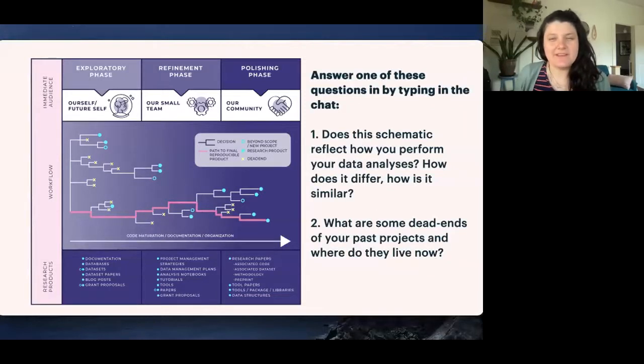Most of my dead ends are probably in hidden folders that are old. Oh yeah, I have a folder whenever I write anything that is just graveyard. And Fernanda says, yes, some of my work is more retrospective, so looking at a complete paper analysis and trying to make it reproducible. Oh, wow.